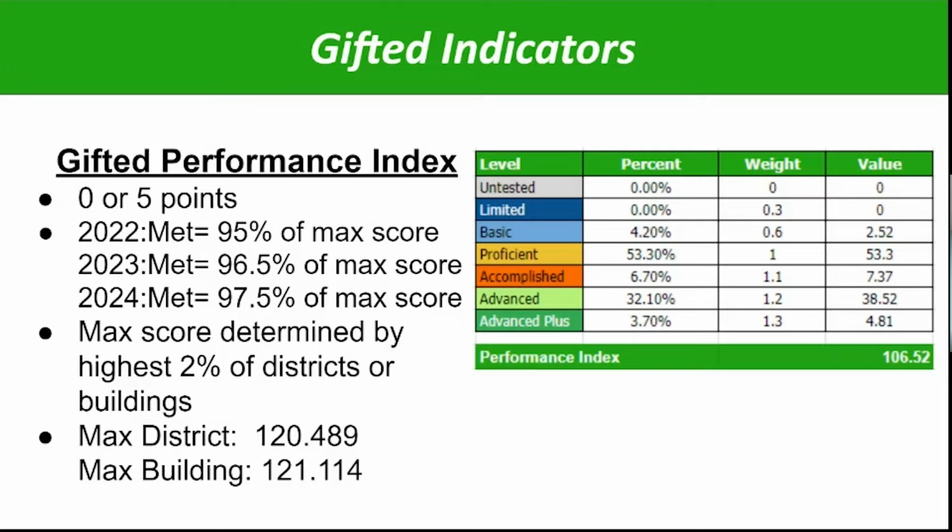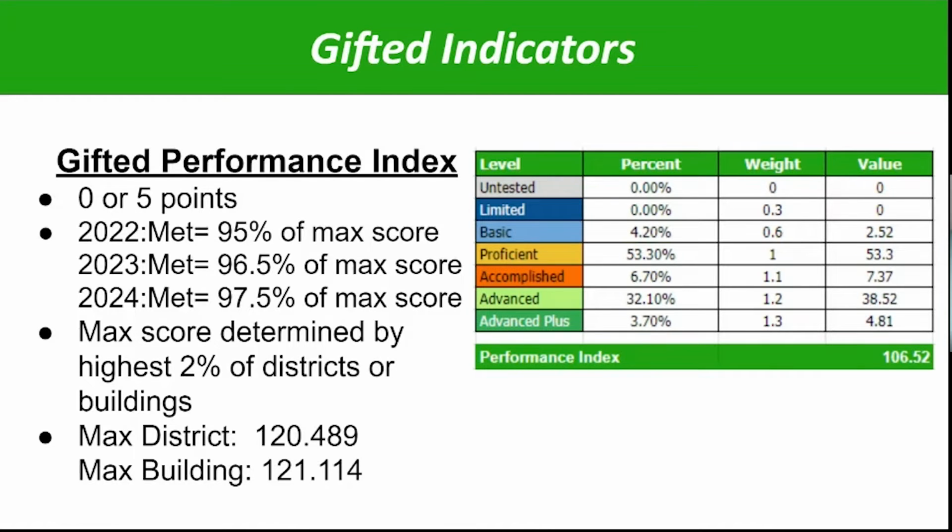This one, the goal that you need is going to change a little bit in the next couple of years. So this year, you needed 95% of the maximum score to meet the target here or meet this indicator. Next year, it goes up to 96.5, and the following year, it goes up to 97.5.